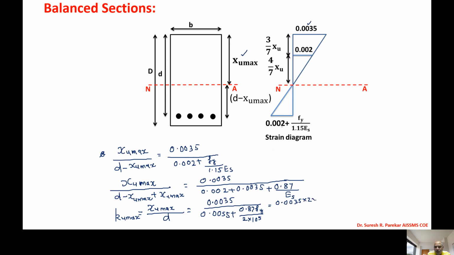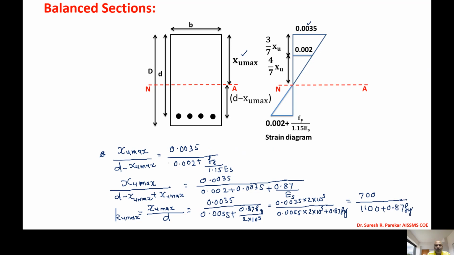0.0035 into 2 into 10 raised to 5 divided by 0.0055 into 2 into 10 raised to 5 plus 0.87 fy. So we have taken this 2 into 10 raised to 5 as LCM, and from this we will get 700 divided by 1100 plus 0.87 fy.